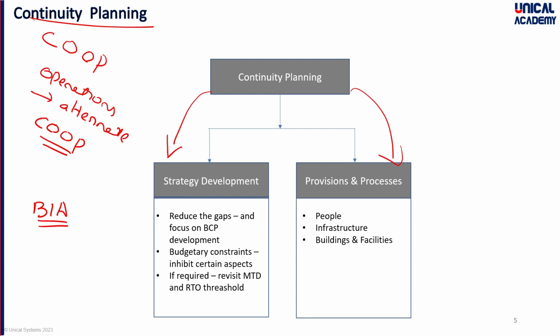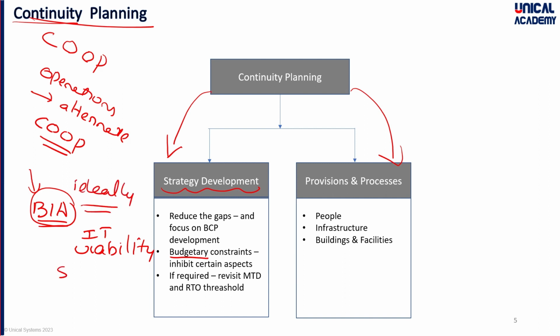But practically, there could be certain budgetary constraints or particular IT viability issues. All those need to be reconsidered because now it is a serious continuity. So strategy needs to be developed. The theoretical aspect, or what is really ideally preferred, is one. What is practically sustainable is another.